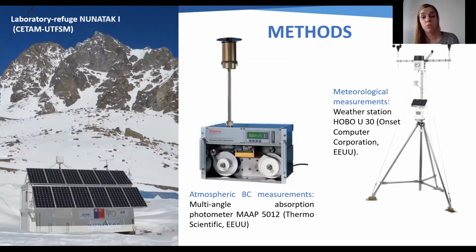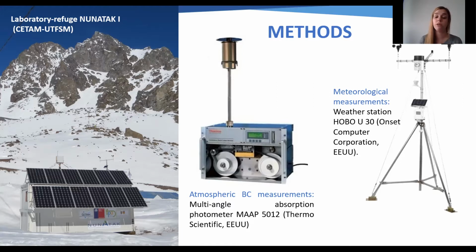Well, the equipment that we use to perform this analysis is the multi-angle absorption photometer, for the black carbon atmospheric measurements. It's a photometer that works with an active sampler that impacts the particulate matter 2.5 on a filter tape.